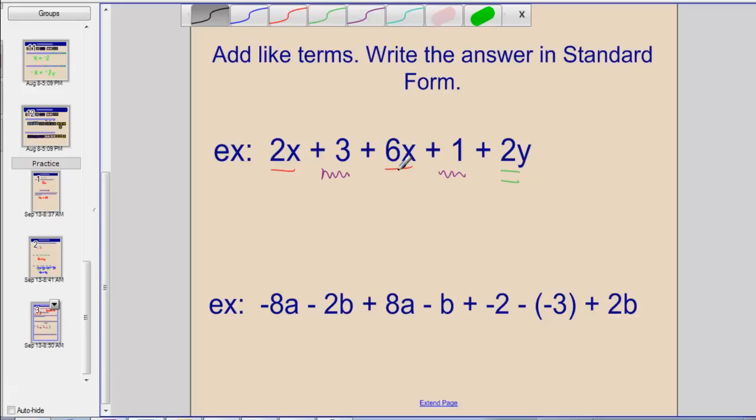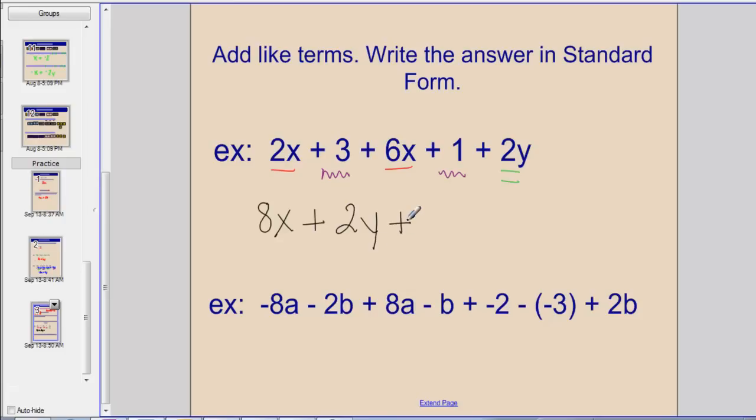So how many x's do I have? 8 x's. Plus, and next, what do we want to put? We want to put our y's, right? How many y's do we have? We just have 2. There's nothing to add to that 2y. There's no other y's. And then last, we want to put what? Our constants. So how many constants do we have all together? 3 plus 1 is 4. And that's our answer.